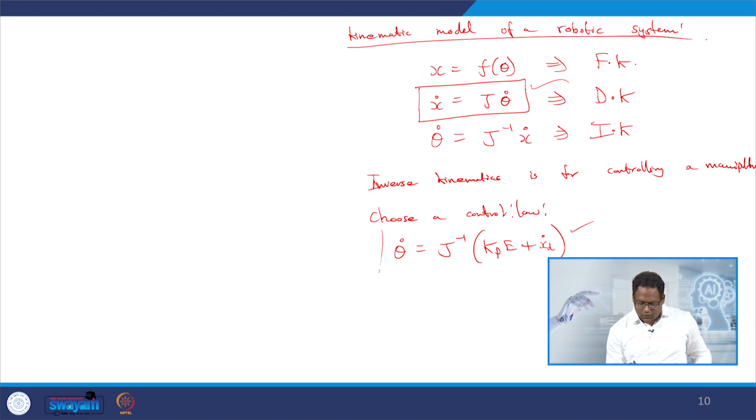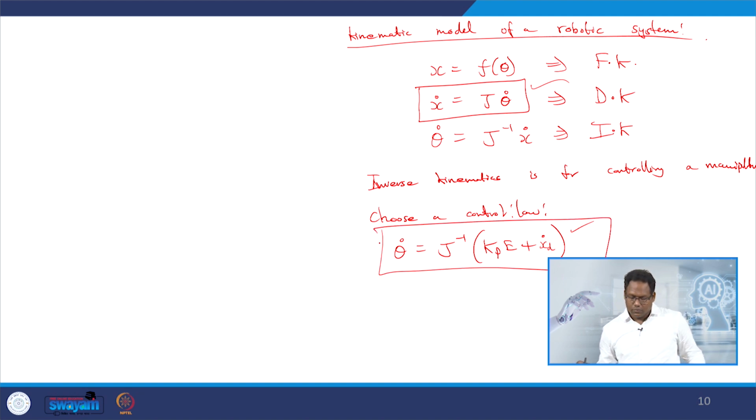Let us choose this control law, theta dot equal to J inverse into (x d dot plus Kp e). Now, what happens here?